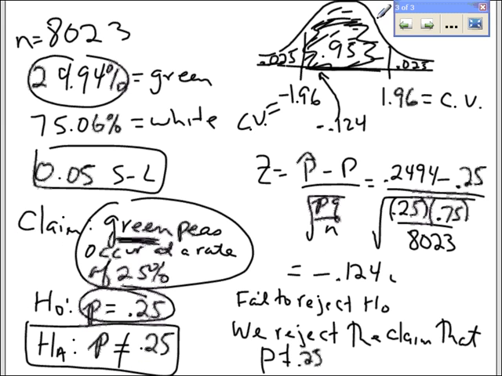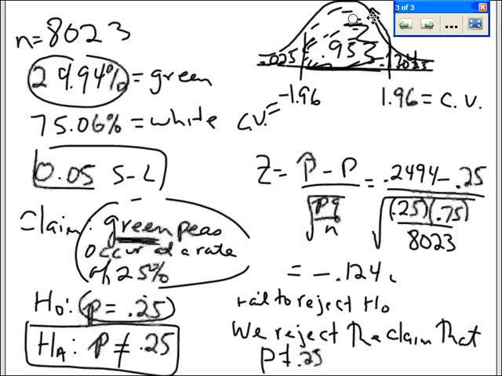Okay, so there's one last thing that we should talk about, and that's the claim. Do we accept the claim or not? The claim is the green peas occur at a rate of 25%. But that means that that's in this region.